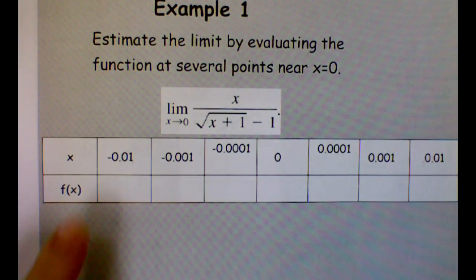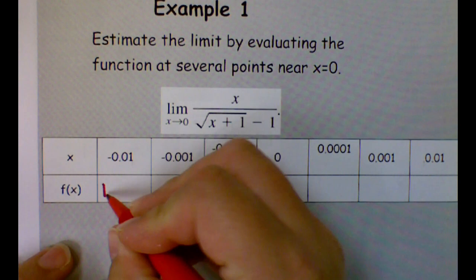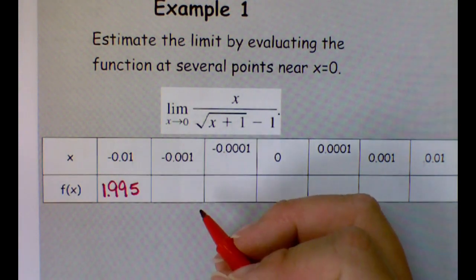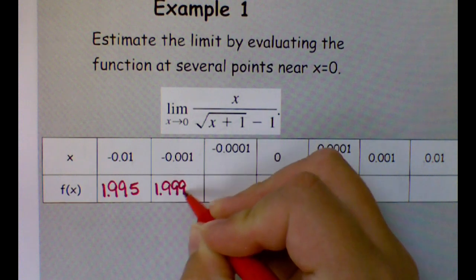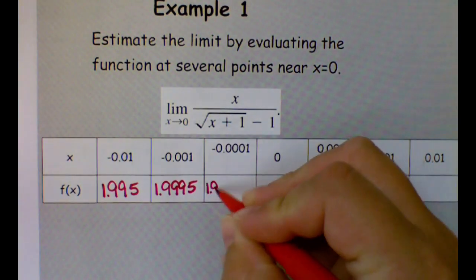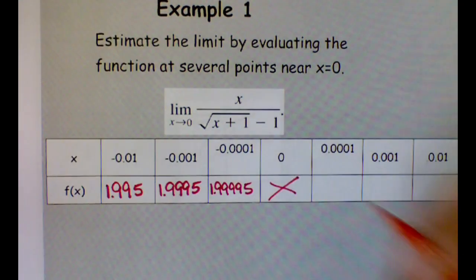So if x is negative 0.01, I get 1.995. If x is negative 0.001, I get 1.9995. And let's try the next one. Negative 0.0001, I get 1.99995. I can't plug in 0, so I'll just put an x through that.